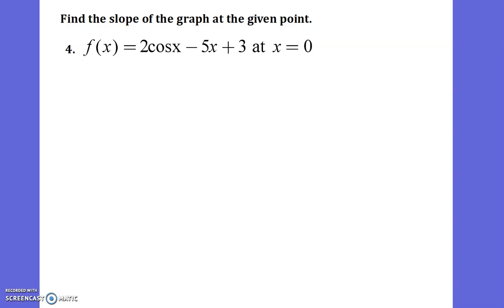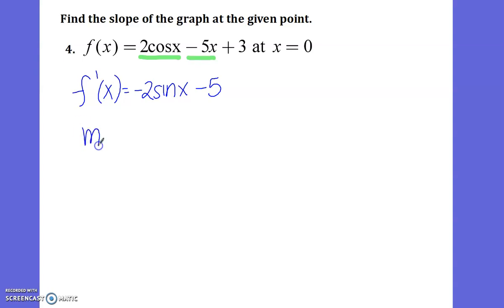Find the slope of the graph at this given point. Again, to find the slope, I've got to do the derivative. So the derivative of cosine is negative sine. So that's going to turn that into -2 sine x. The derivative of -5x is just -5, and then the derivative of 3 is just 0.